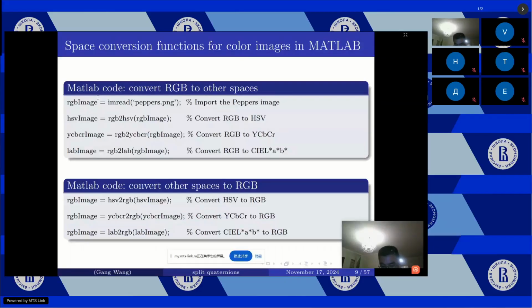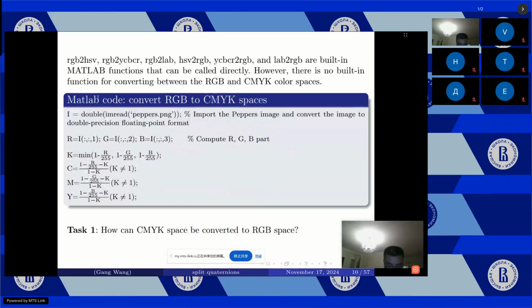They are built-in functions that can be called directly. However, there is no built-in function for converting between RGB and CMYK color space. I have only provided the conversion formulas, so those interested can try writing their own programs to convert between these color spaces.